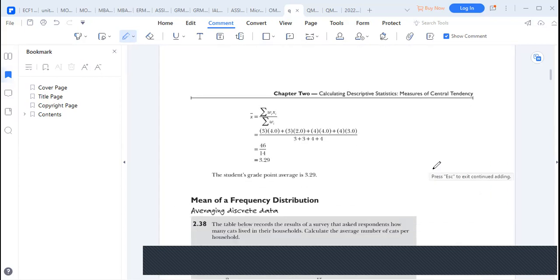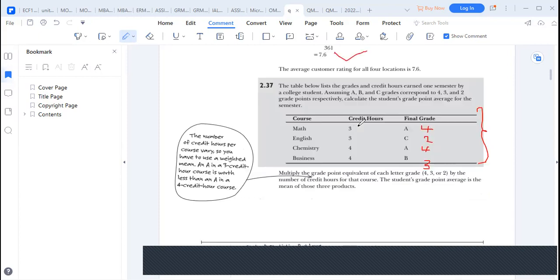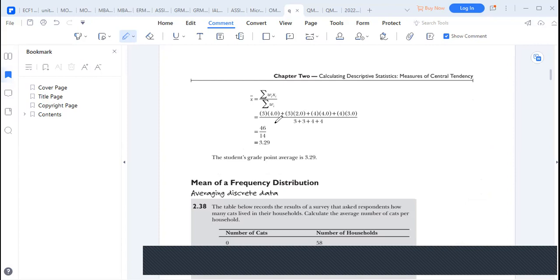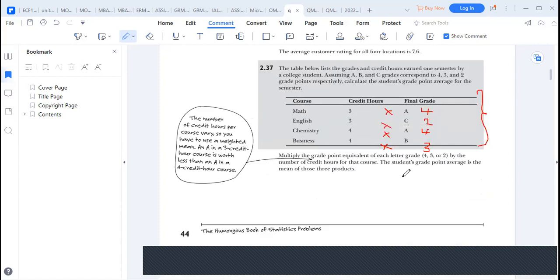Then you now start multiplying. 3 times 4, 3 times 2, 4 times 4, 4 times 3. Then you add these credit hours, not the averages. You add these credit hours, that's what you divide by.